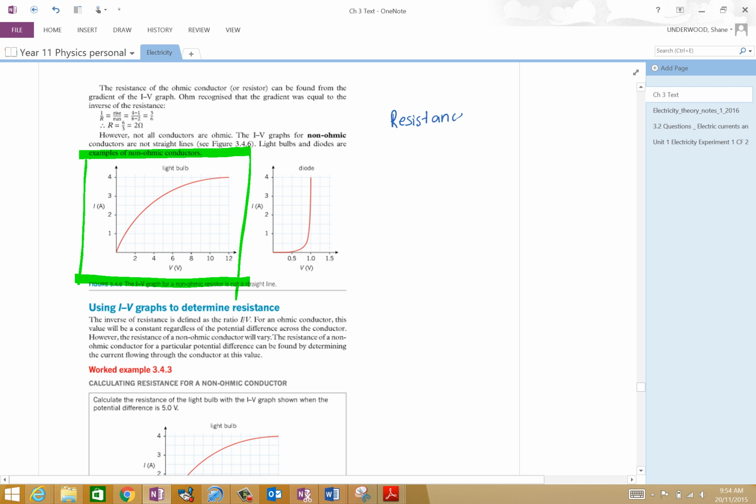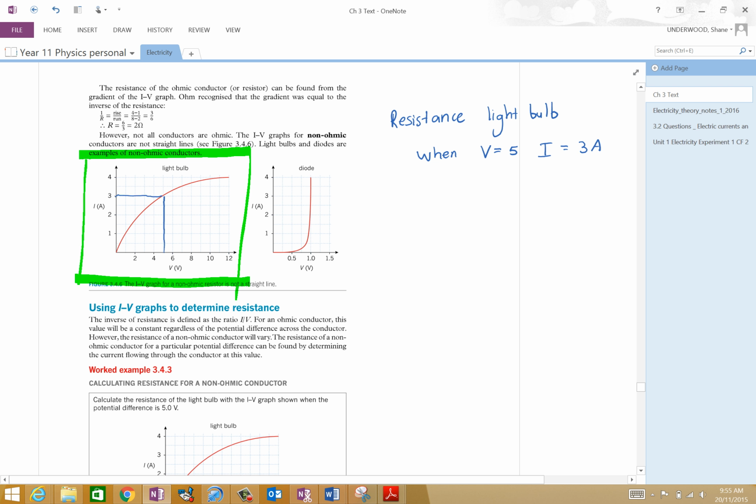If I wanted to find the resistance of the light bulb when V is equal to 5 and I is equal to 3 amps, how do we do that? Well, let's have a look at 5 volts up here. And that roughly marries up to 3 amps.